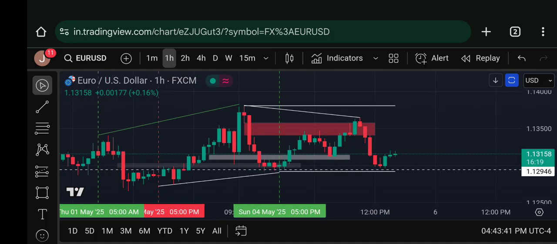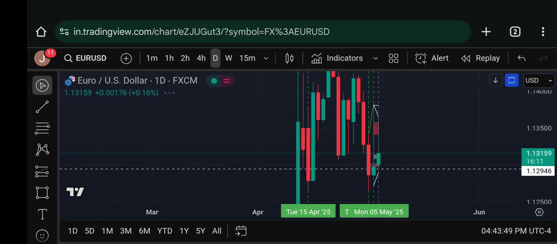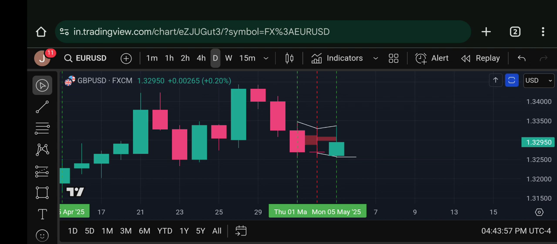You can mark my words, guys. Price will come to 1.1291 and then sweep 1.13806 tomorrow, guys. That's what will happen. So thank you guys, this was my trade, and I wish you the very best.